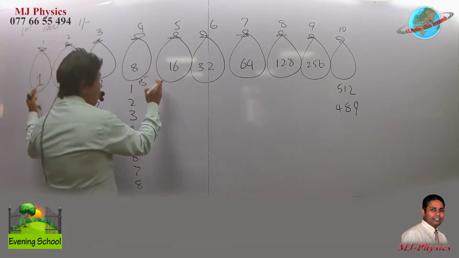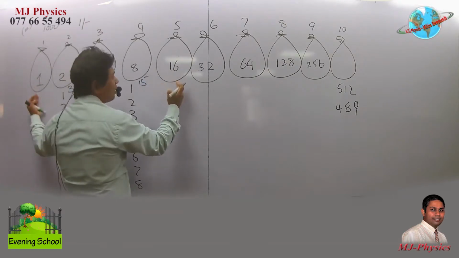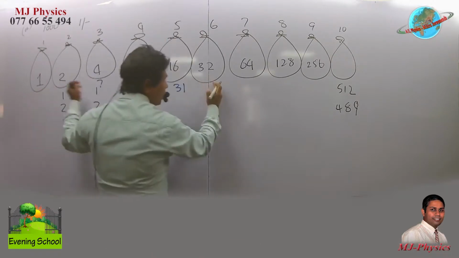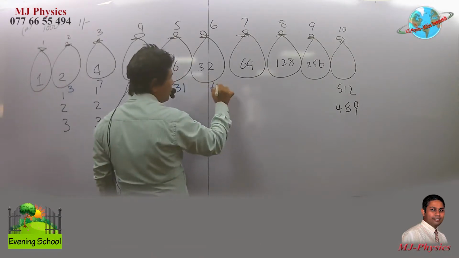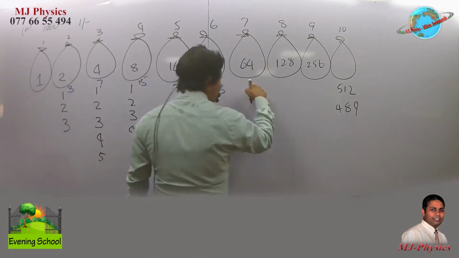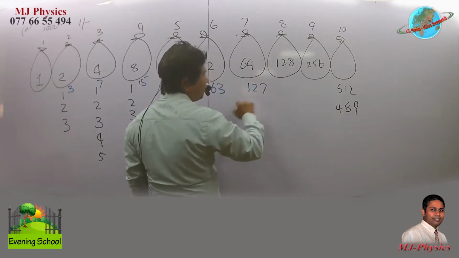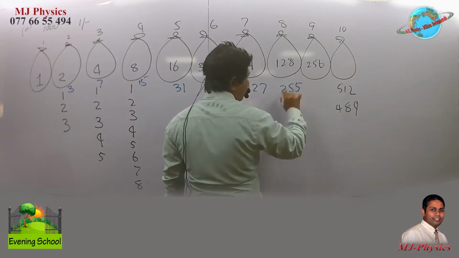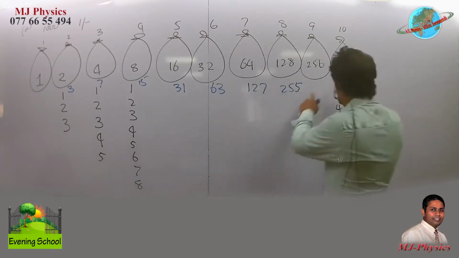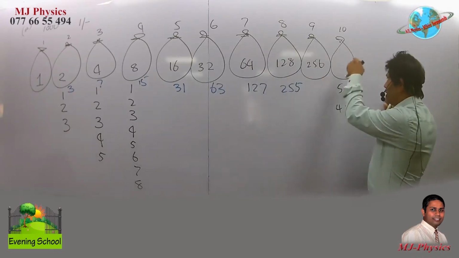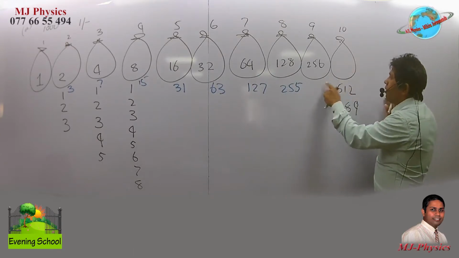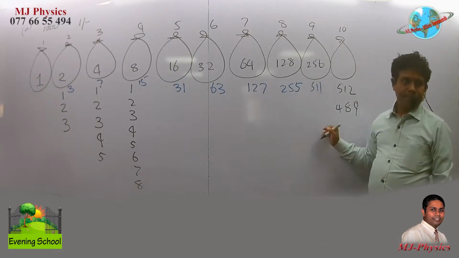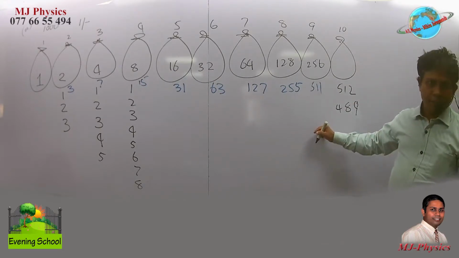If you add them all up until this, how much? 31. If you add them all up until this, how much? 63. Add up until this, 127. Add up until this, 255. Add up until this. In order, it will be the next number 512, but when I add, 1 less than this, 511. Right.